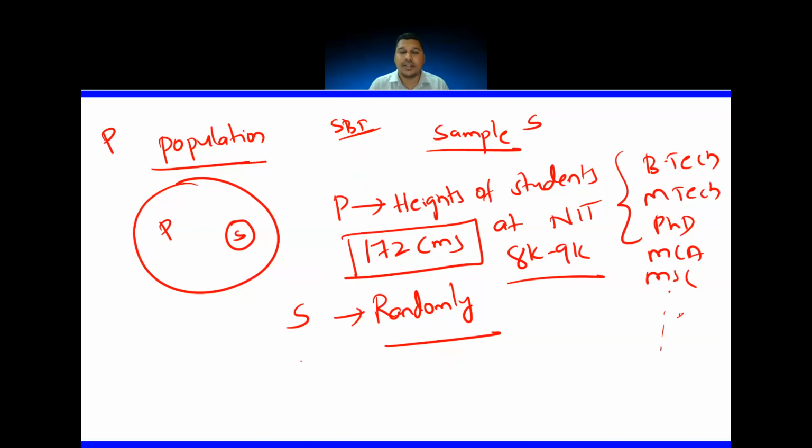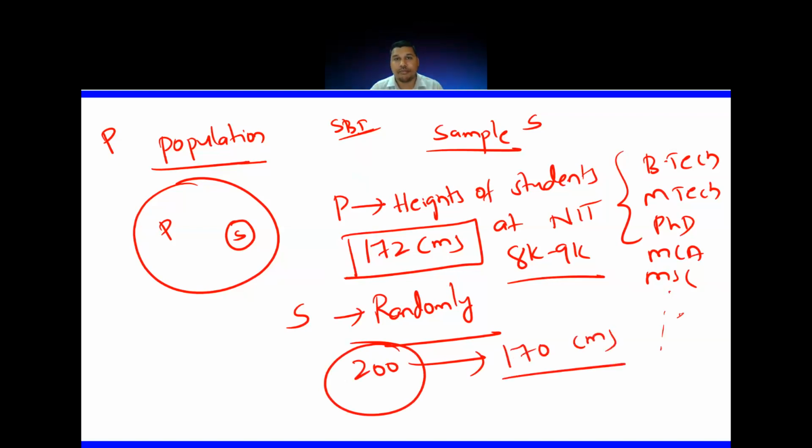So one way of doing it is to randomly select a sample of a few students out of 8,000 or 9,000, say some 500 or 200 students, find out their heights, and calculate their average. So the average height of the randomly chosen 200 students is somewhere around 170 centimeters, you assume.